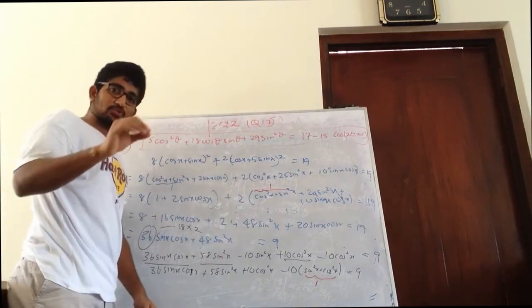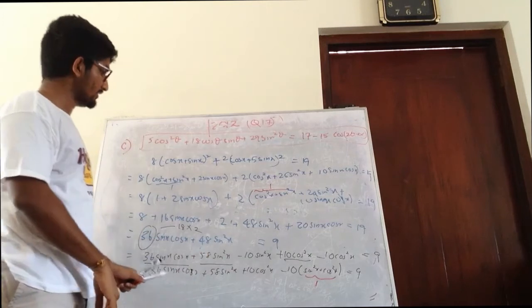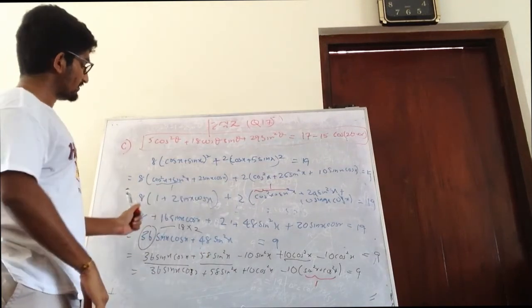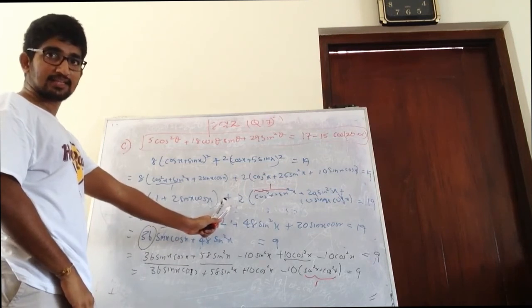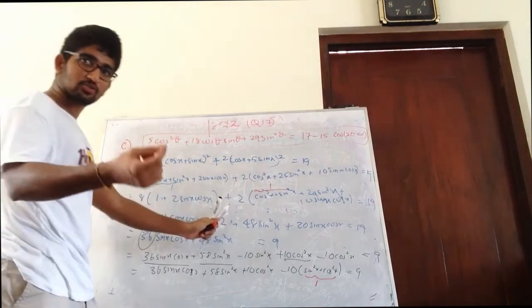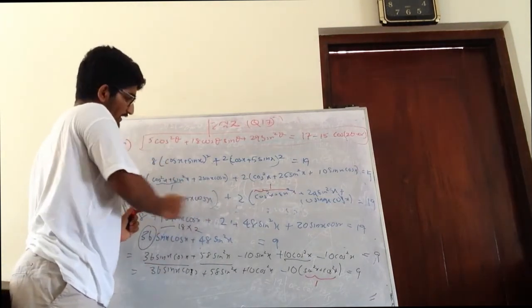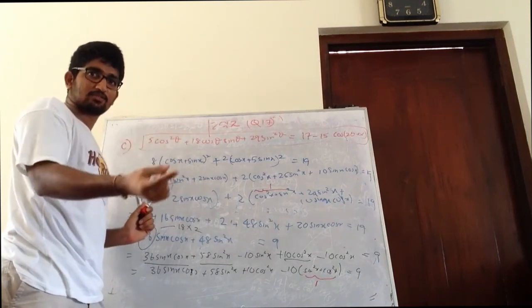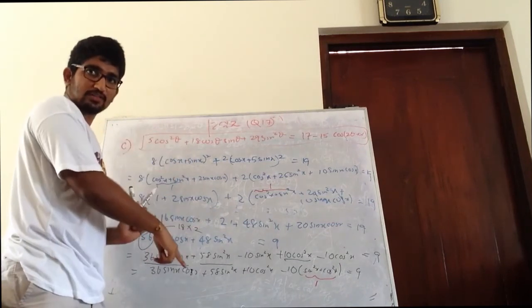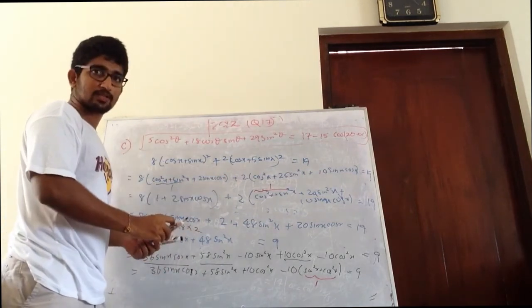So if you were actually smart about this, you could have done this from this step itself. There's an 8 plus 2, there's a 10 there. If you were smart enough, you would have taken 10 equals 10 times sine square plus cos square, then you would have got this answer directly. But what to do? That's how the exam is, right?